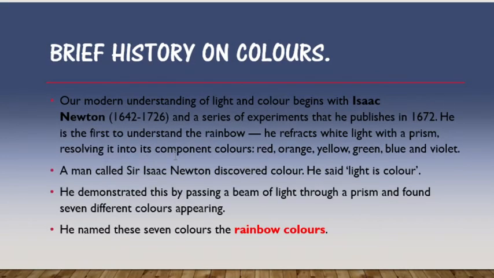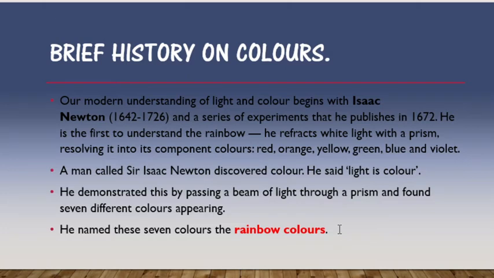So it best explains here that without light, there are no colors. He demonstrated this by passing a beam of light through a prism and found 7 different colors appearing, and he named these 7 colors the rainbow colors.